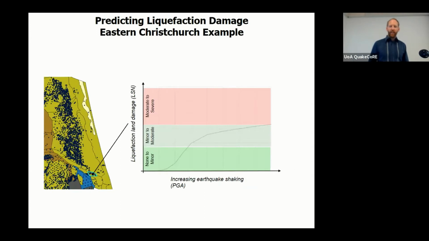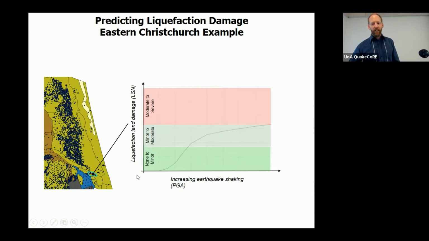So if we take an area in eastern Christchurch and we take one particular CPT out of the 20,000 CPTs in Christchurch, we can then do an analysis and calculate one of those index values, and we can plot that up as a function of shaking intensity. The higher the shaking intensity, the greater the damage potential.